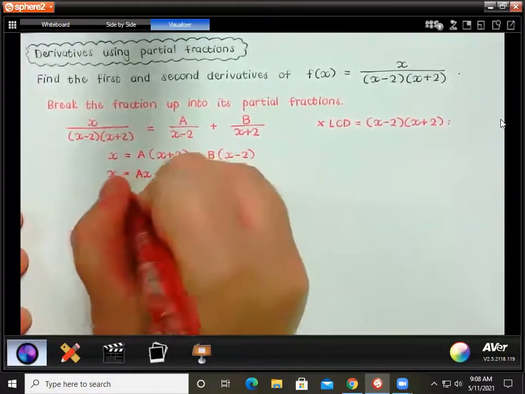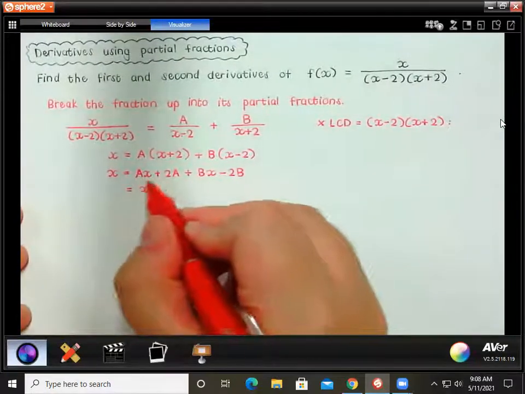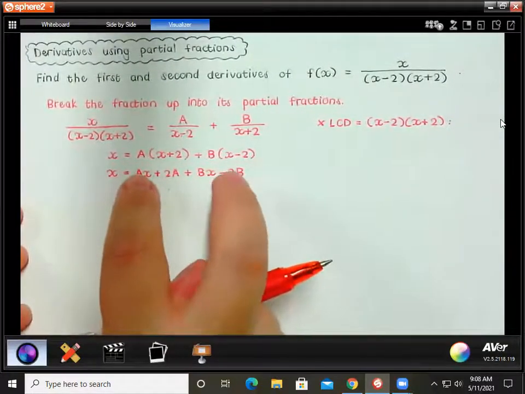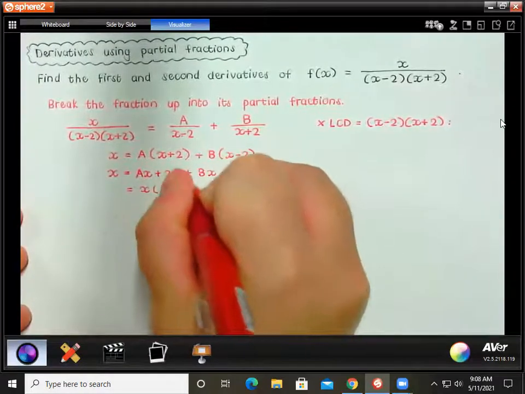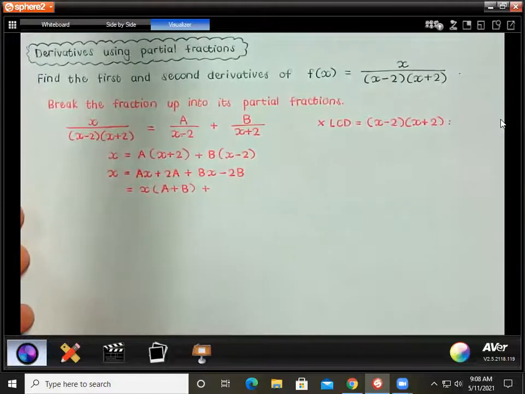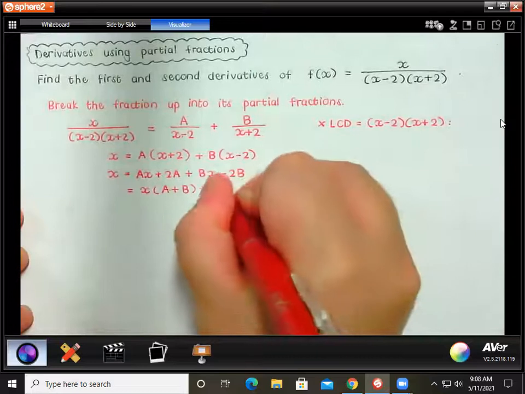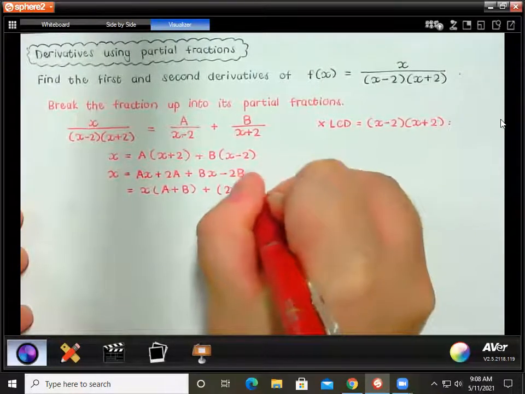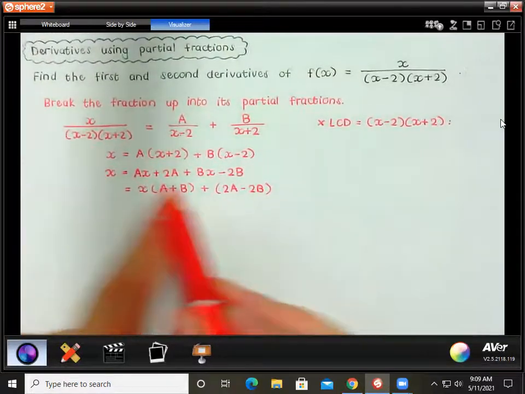So we're going to just take x out as a common factor here, and what is left if I group the x terms, it's Ax plus Bx, so I'm going to be left with A plus B, and then plus, now I'm just going to put brackets around the next two just to kind of group them together, but you don't really have to. You can.